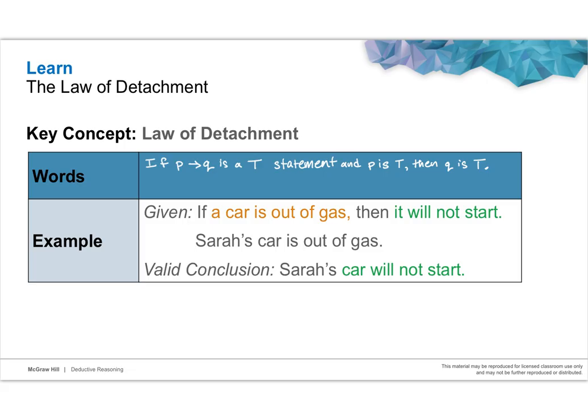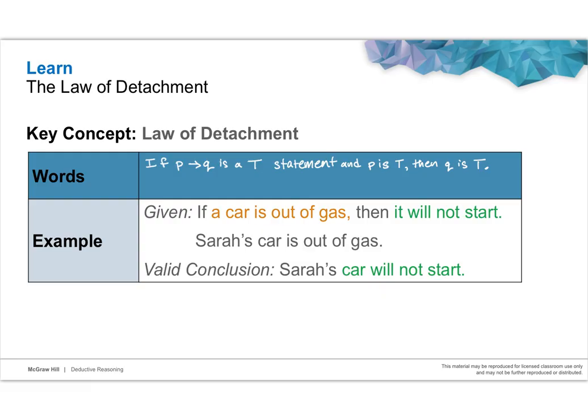Our law of detachment is able to be symbolized in words, and also we have an example that goes with those symbols. So we have if P arrow Q, if P then Q is a true statement, and P is true, then Q is true. So an example, if a car is out of gas, then it will not start.